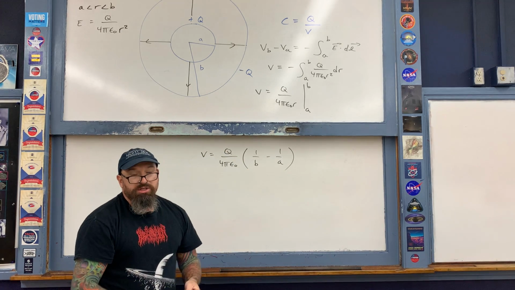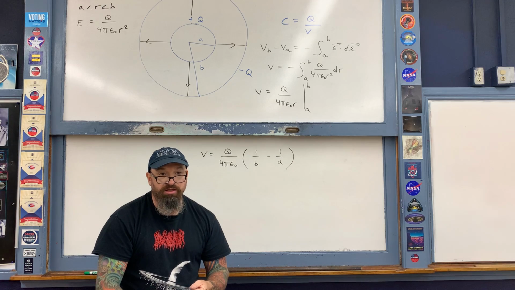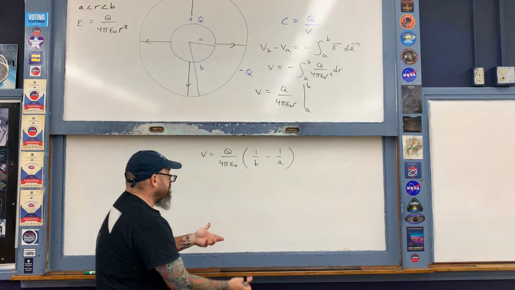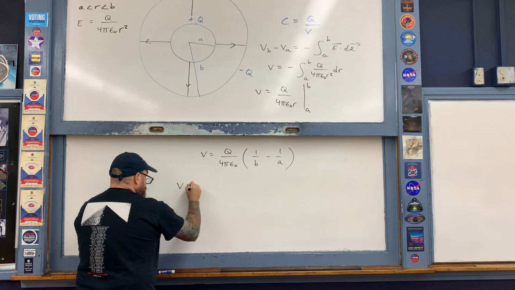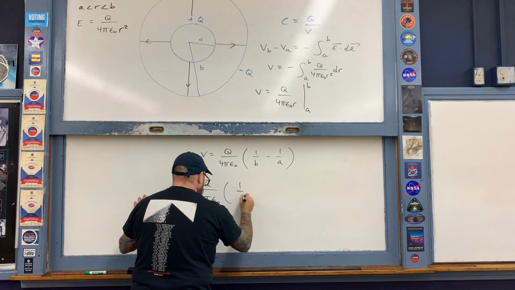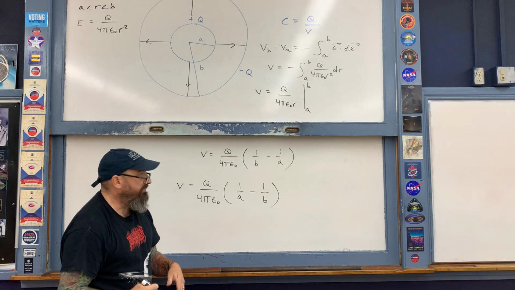That's fine. So it's important to do the potential difference calculation, but then we just want the positive value of it. So if necessary, you can take the two terms here and switch them. So I'm going to go ahead and write it like this, just to make it a positive value.